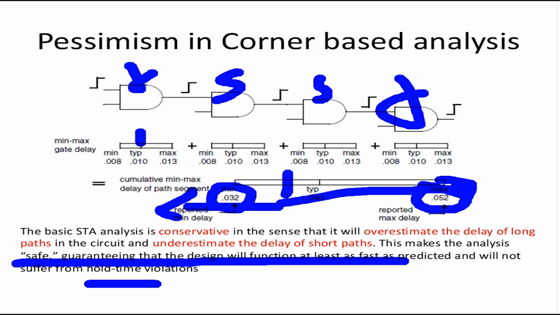So this is the guard band, which is very wide because it overestimates the delay of the long max path and underestimates the delay of the min paths. This is the way it makes sure that the analysis is safe from the performance point of view and there are no hold time violations, right? This is why we say that corner based STA in most cases is pessimistic, right?